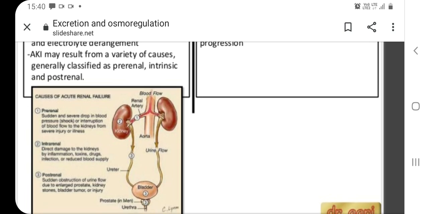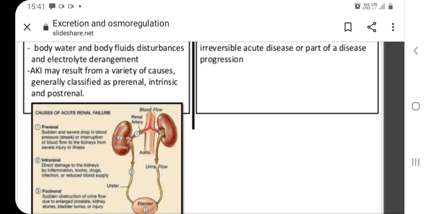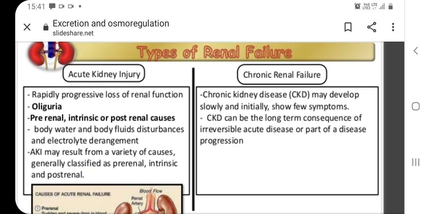Post-renal may be due to sudden obstruction of urine flow due to an enlarged prostate gland, kidney stones, bladder tumor, or injury.